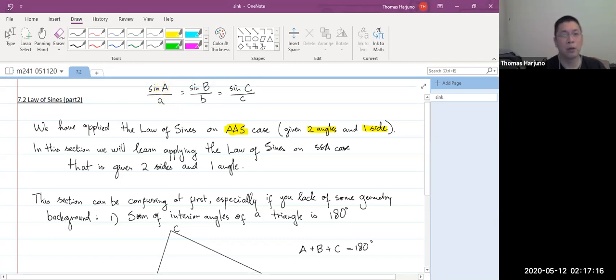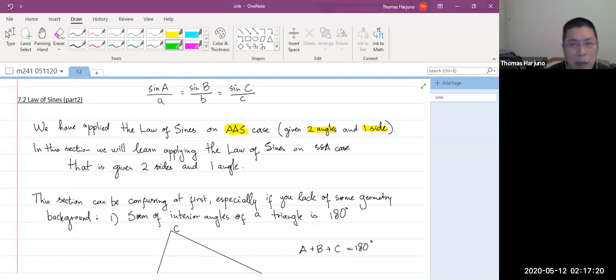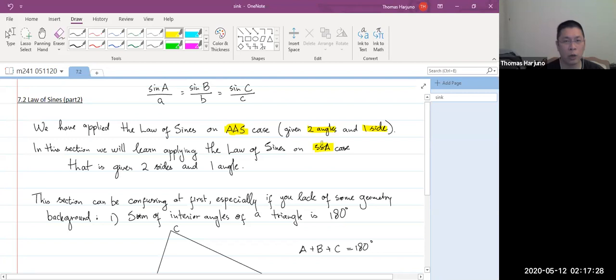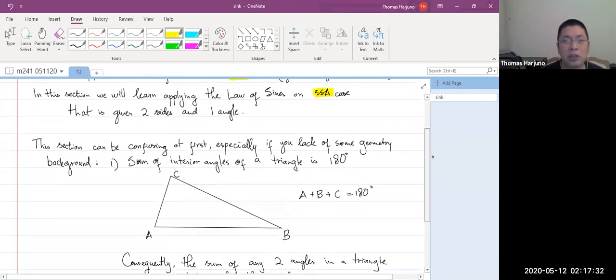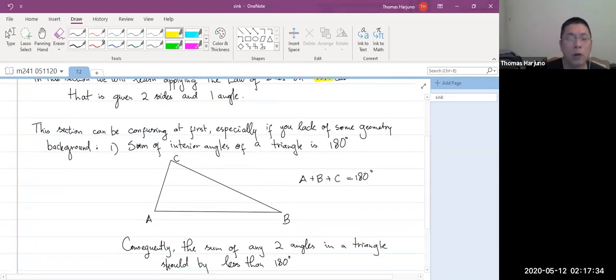Now, in this section, we will apply the law of sines to another case where we know two sides and one angle. This section can be confusing, especially if you lack some geometry background.